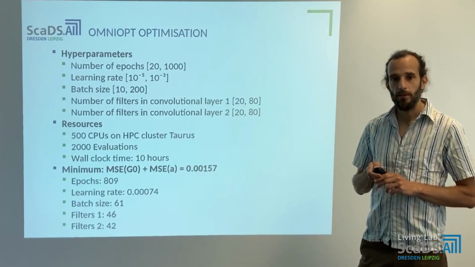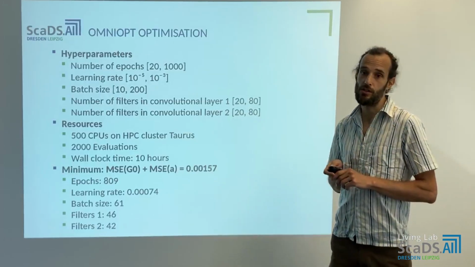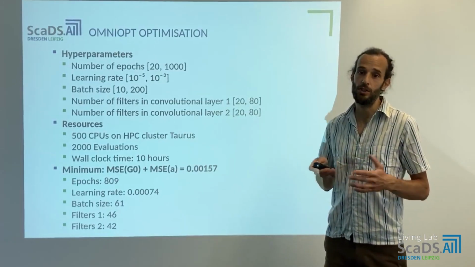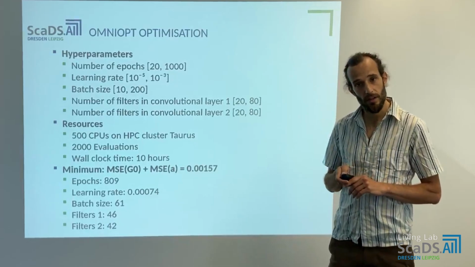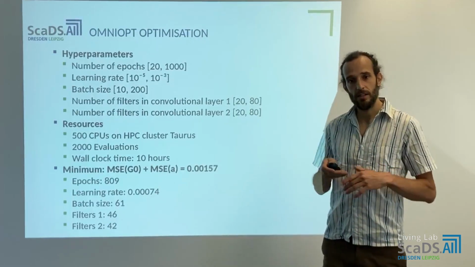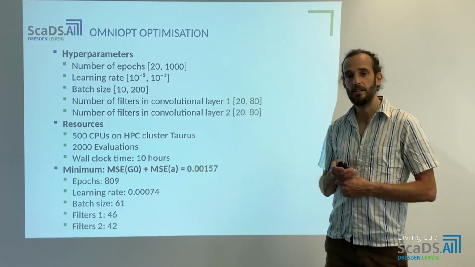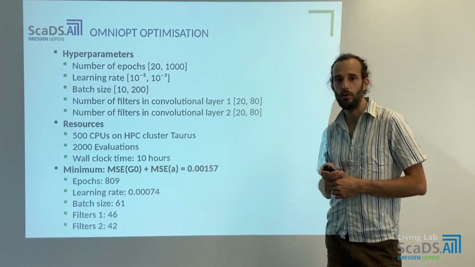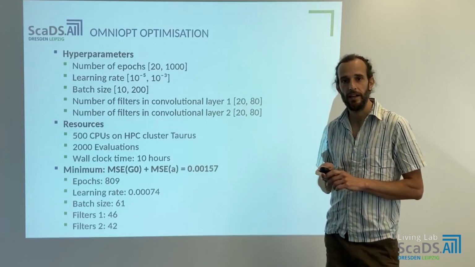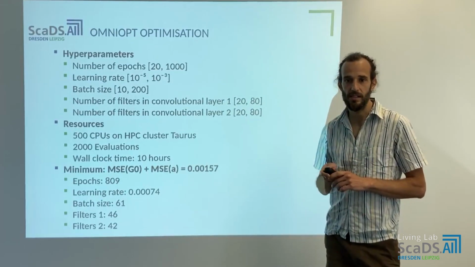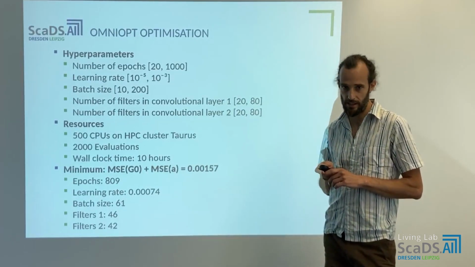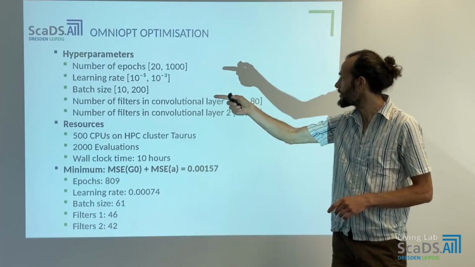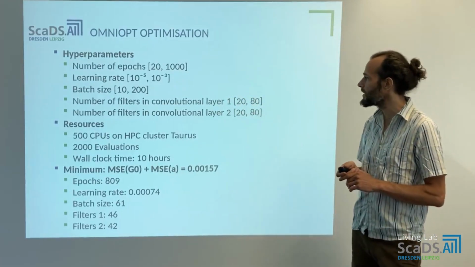So for a start, we chose 5 hyperparameters, which is not too much, but the advantage is that the results can be interpreted more easily. We chose the number of epochs, the learning rate, the batch size, and the number of filters in both convolutional layers. Here on the screen you can see the parameter boundaries.